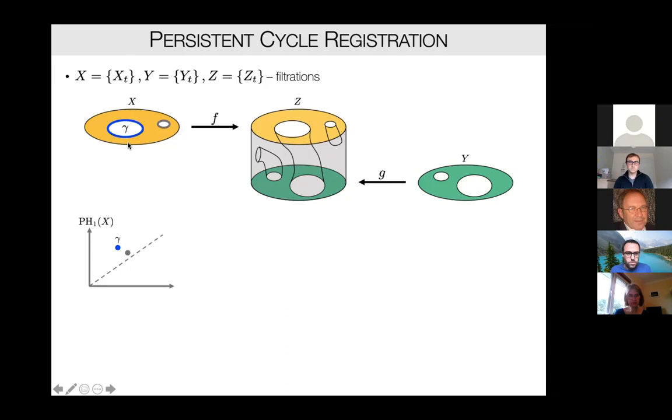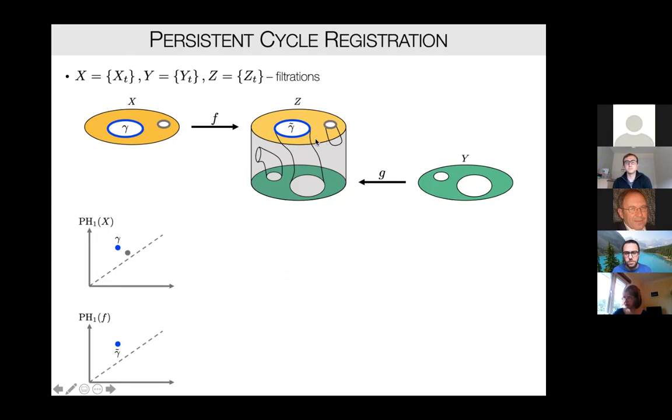Now, the first thing you can do is take X and find the persistent diagram representing it. There are two cycles here, and you're going to see 2 points in the diagram. The blue one I'm going to call gamma. The gray one I'm not going to name. The second thing we can do is, instead of looking at X, look at the persistent image going from X to Z. What will happen here is that we're going to have something that corresponds to the blue cycle, because it's not trivial also in Z, but the gray one doesn't appear here because in Z it's a trivial cycle.